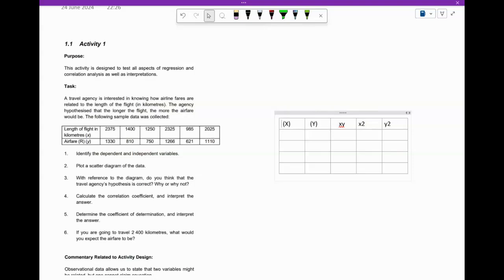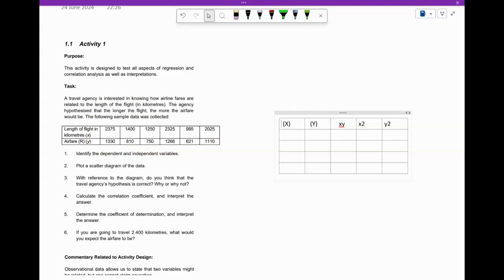A travel agency is interested in knowing how airline fares are related to the length of the flight in kilometers. The agency hypothesized that the longer the flight, the more the airfare would be. The following sample data was collected.